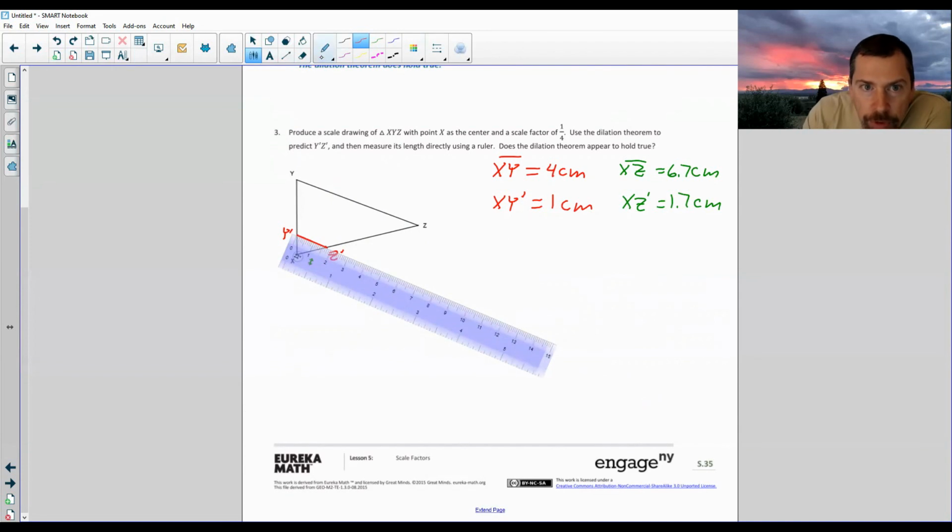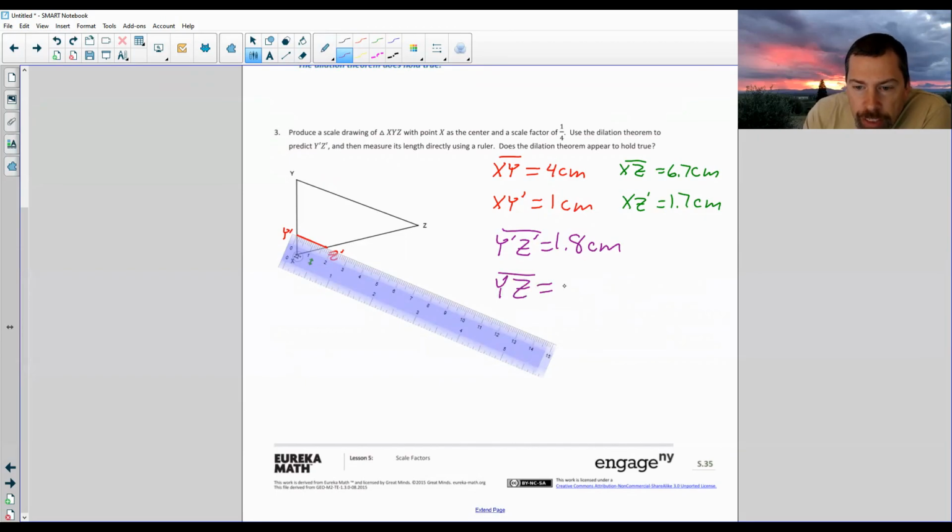So I measure this, try to be accurate, and that is 1.8. So now I'm going to answer this question. Y prime Z prime equals 1.8 centimeters. So the way to check that is measuring YZ, and it should be 4 times greater.